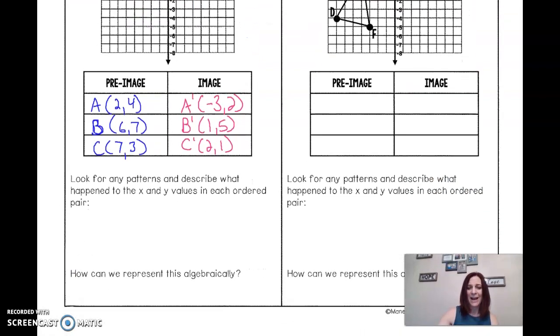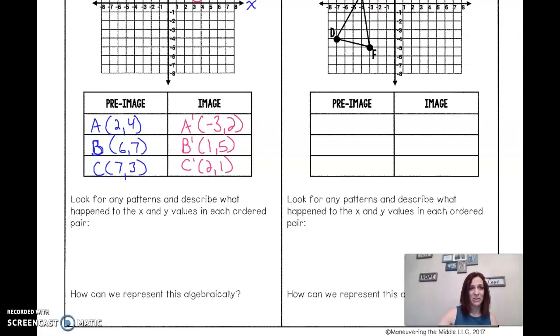Now it says, look for any patterns and describe what happened to x and y values in each ordered pair.